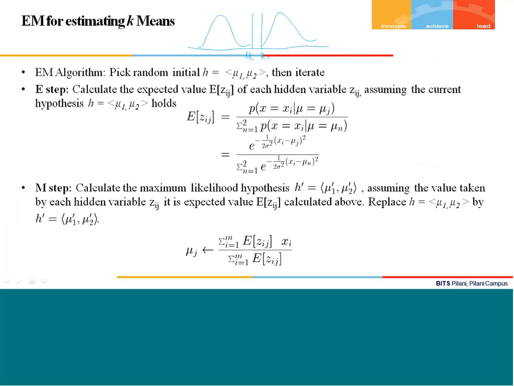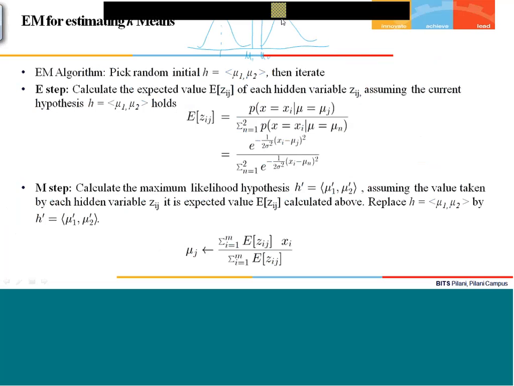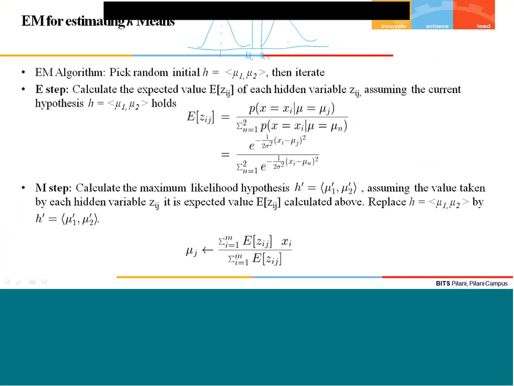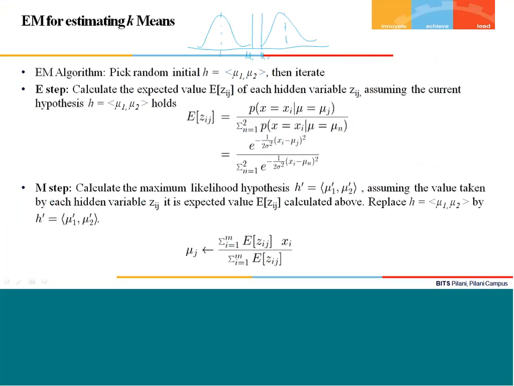Though they are here, actually they are here. But in the beginning, at the initial stage, I just assume some mu1 and mu2 at random.